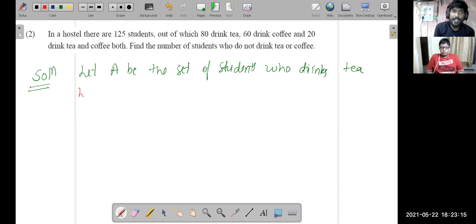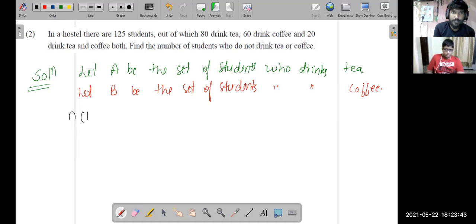Then we'll say let B be the set of students who drink coffee. Correct? Okay. So what will be n of A? 80. n of A will be 80. n of B will be 60.